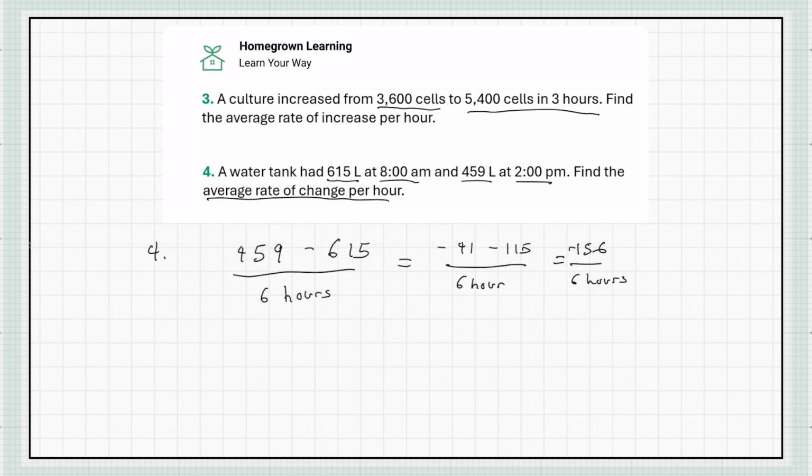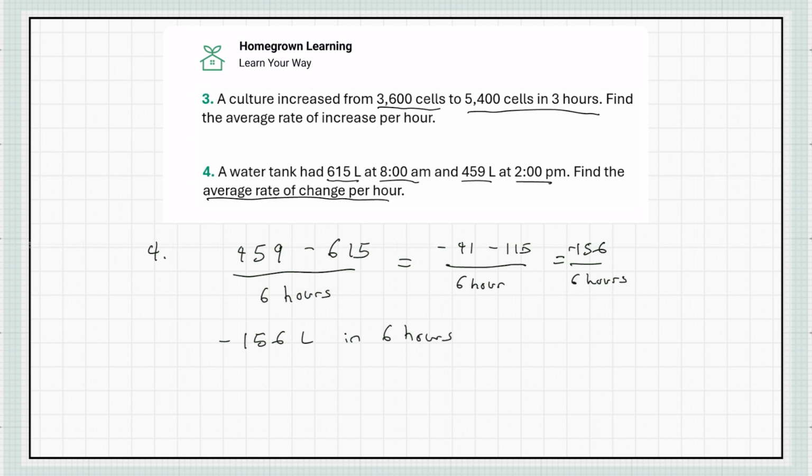If I take away 41 first, then I'm moving towards an easier number, and then after that I'll move to essentially the equivalent of 500, and then I can just take away the additional 115. Now that I've done that, I have my rate. It's minus 156 liters in 6 hours.